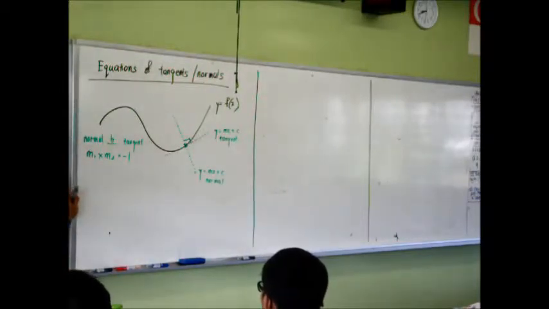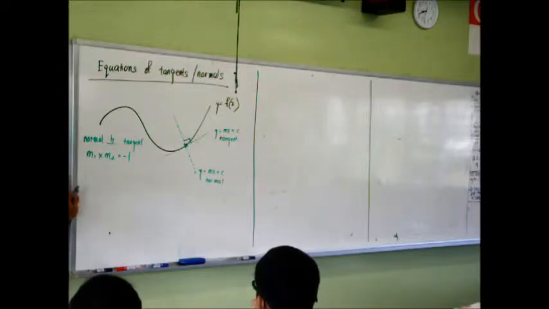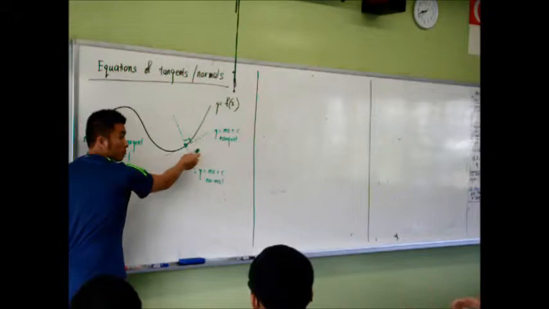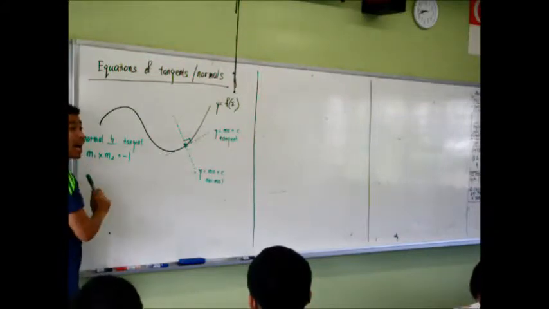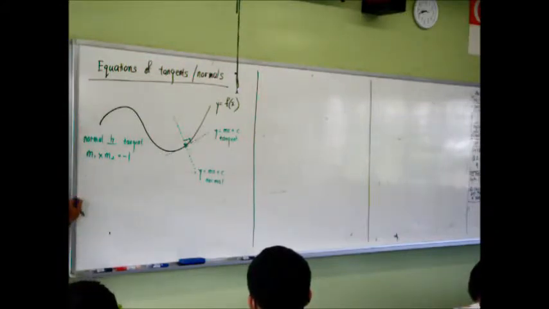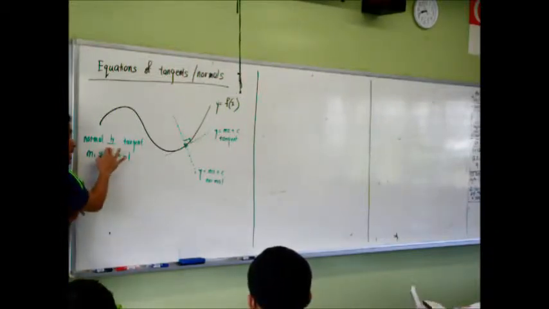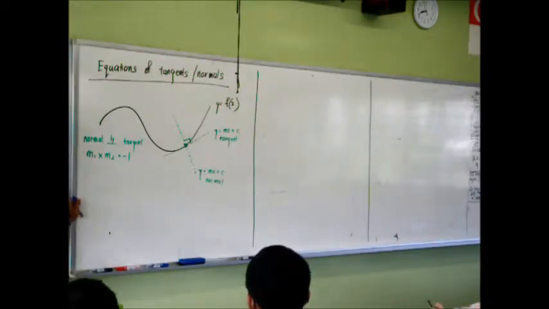In other words, differentiation will only allow us to find the gradient of the tangent. But in order for you to find the gradient of the normal, you need to make use of this relationship. The product of the two gradients is equal to -1. So this is the only key idea that we have for this sub-unit.